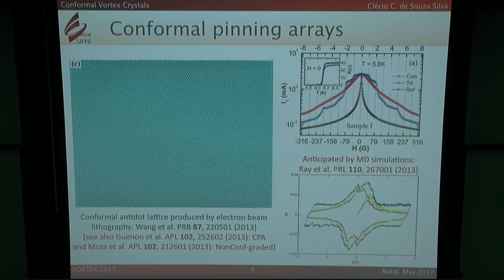These are measurements, but it was also anticipated by molecular dynamics simulations by Ray and Charles and Cynthia. And what they showed is that indeed you have an enhancement of the critical current. The width of the magnetization curve is larger when you have this kind of structure, the conformal graded pinning distribution.